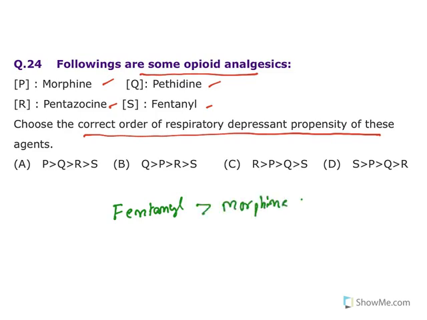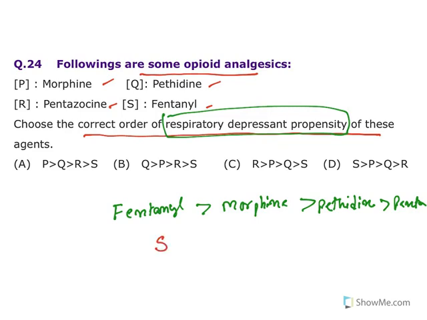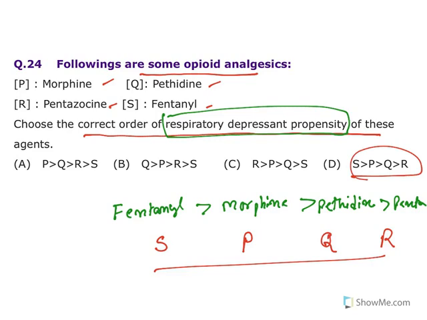Morphine is again more potent than pethidine. Pethidine is again more potent than pentazocine. So, this respiratory depressant property is in this order. Fentanyl is S, then morphine is P, then pethidine is Q, and then pentazocine is R. So the option SPQR means option D is correct.